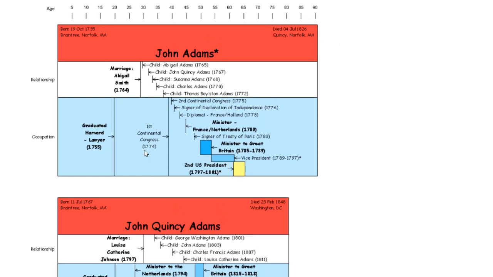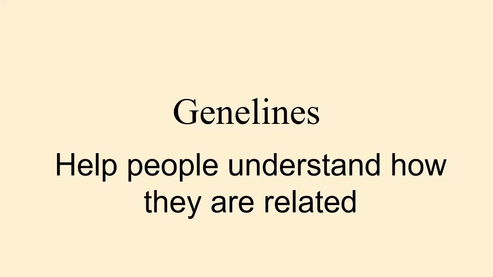Both graduated from Harvard Law at approximately the same age. Both married at around 30 years of age. Both held ministerial appointments in Great Britain and the Netherlands, and both were U.S. presidents.